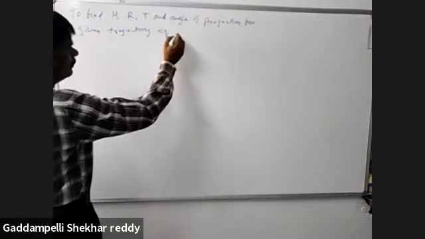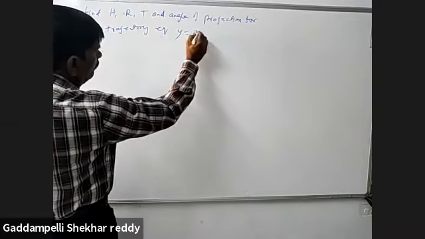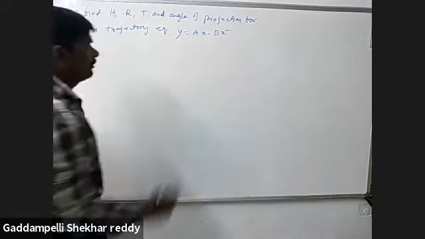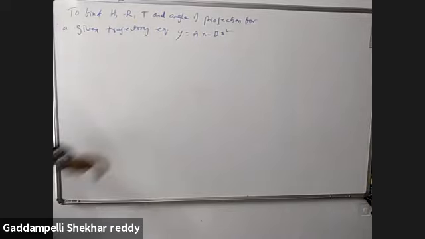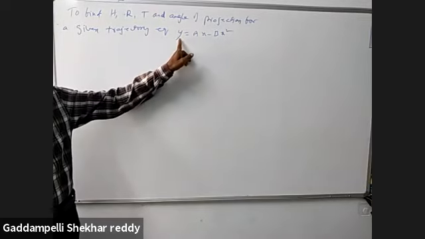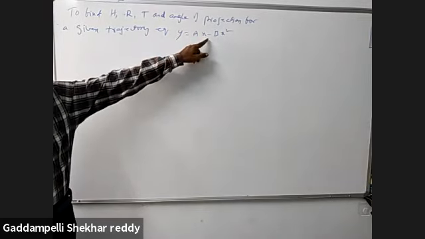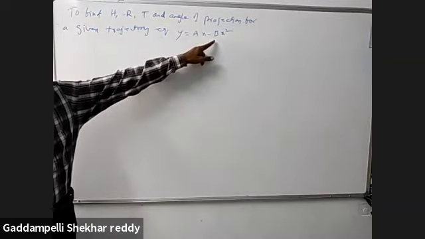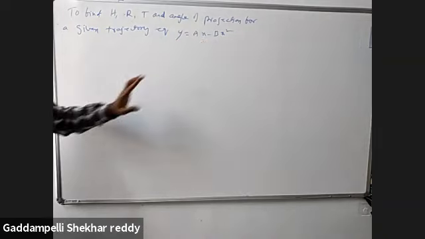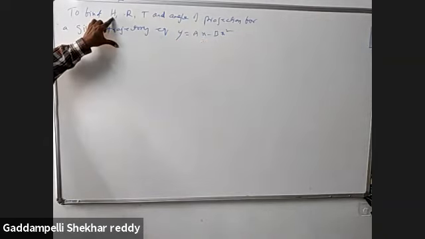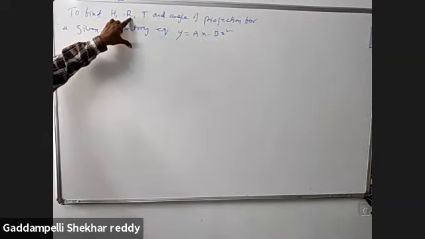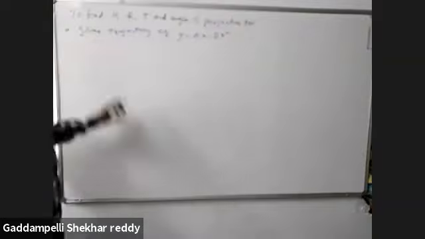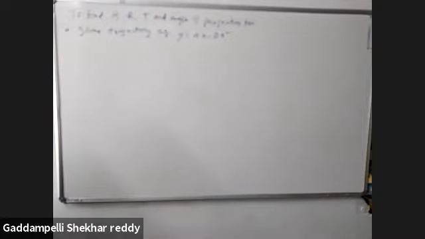The equation y is equal to ax minus bx square shows the projectile equation, which is a parabolic equation. Here we are asked for the maximum height, horizontal range, time of flight, and at the same time the angle of projection.